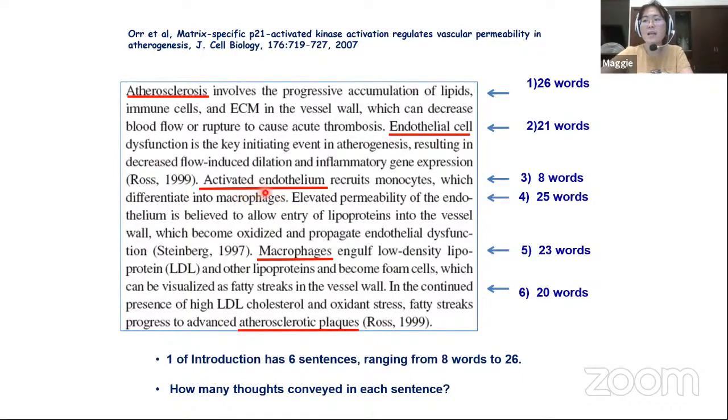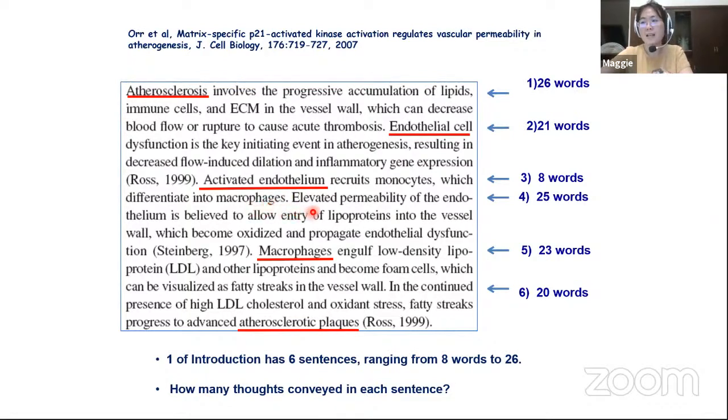"The activated endothelium recruits monocytes, which differentiate into macrophages." So this dysfunctional endothelium can recruit immune cells, the macrophages.